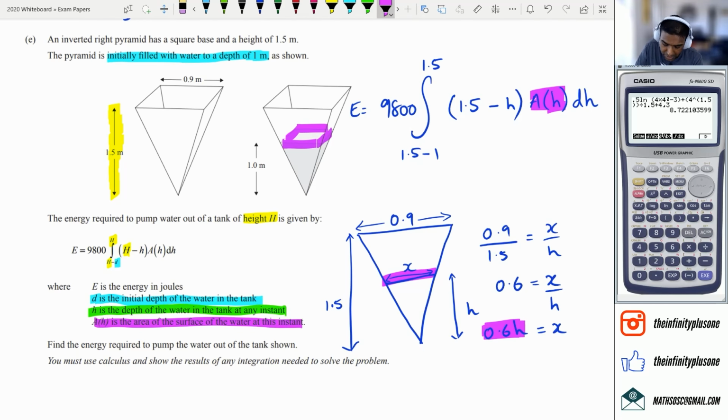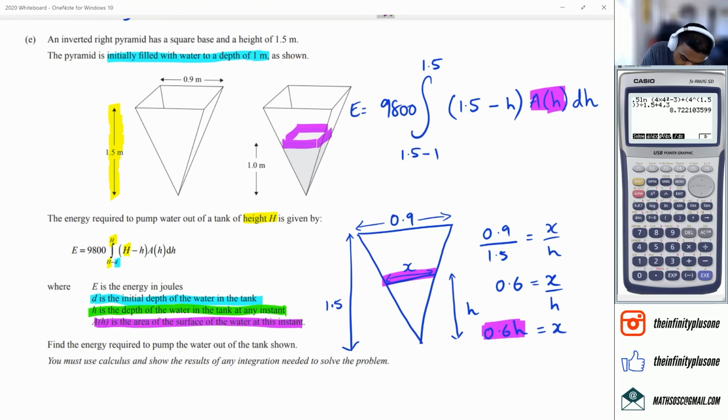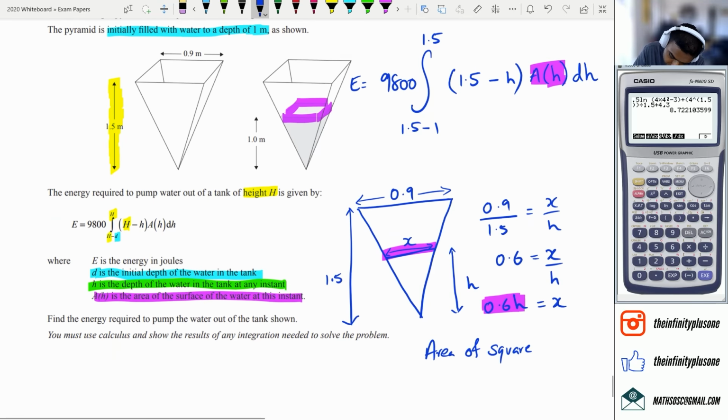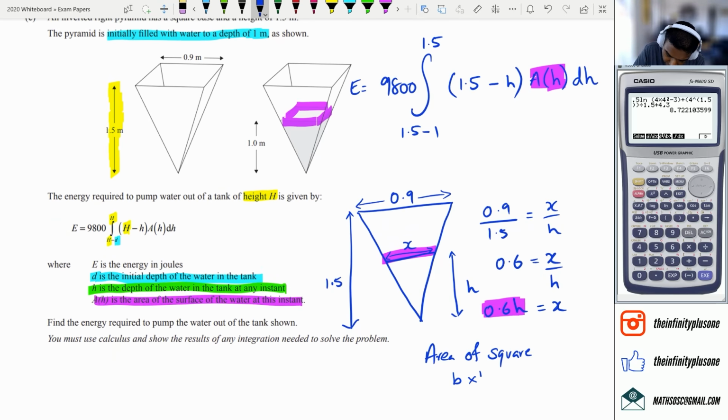So if the side of it is 0.6h, then remember the area of the square, because it is a square pyramid, is base times base.